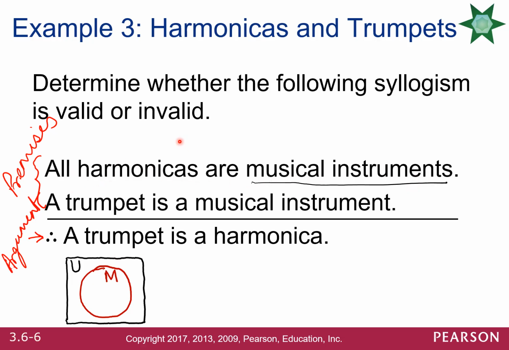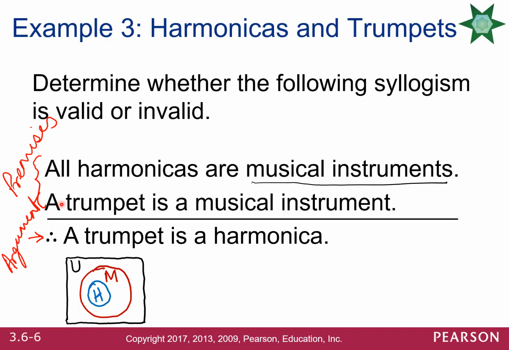That means harmonicas should fall within the circle of musical instruments. So it should be a subset. We should show it as a subset of all musical instruments, correct? So H. Harmonicas are subsets of musical instruments. So that's why it's contained entirely within the circle of musical instruments.